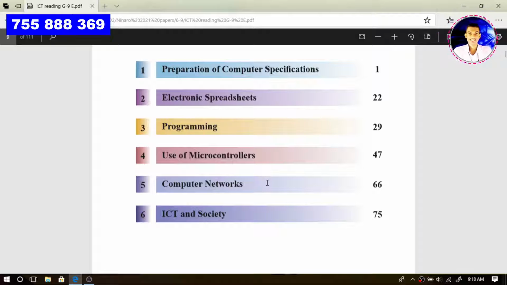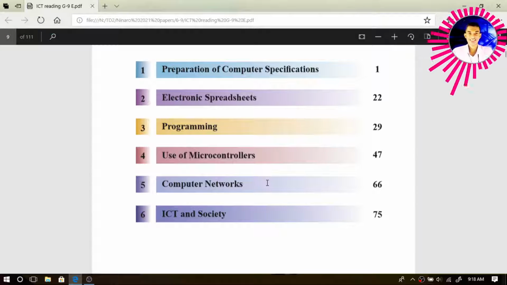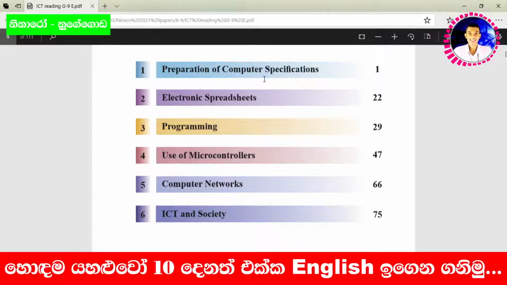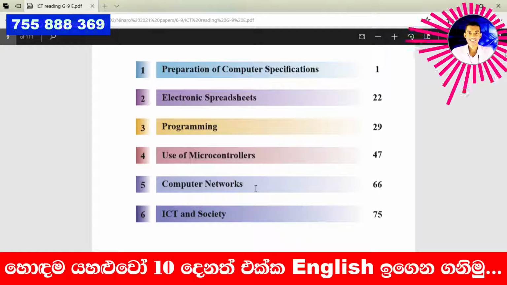Through the network connection in the school computer lab, we can transfer our data among other computers. As well, teachers can send assignments to the students without connecting any other device such as a pen drive. We can use a computer network to transfer data. Therefore, through this lesson you can learn basic concepts related to computer networks.